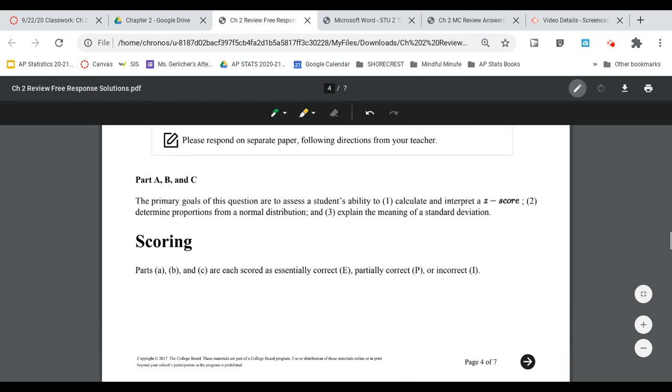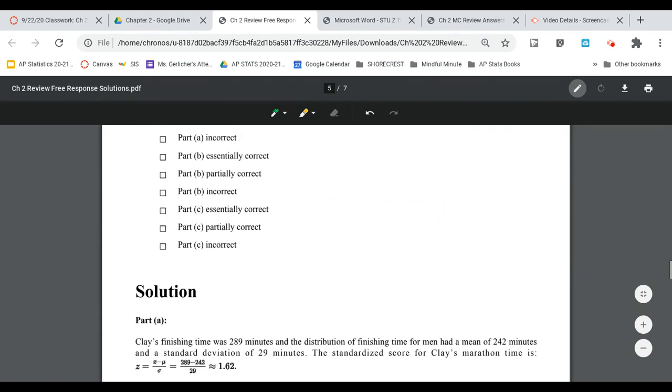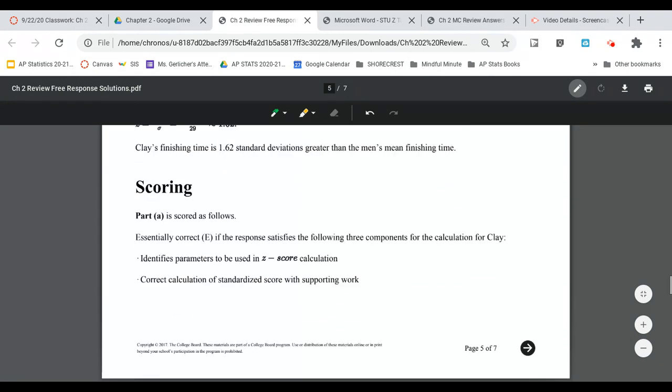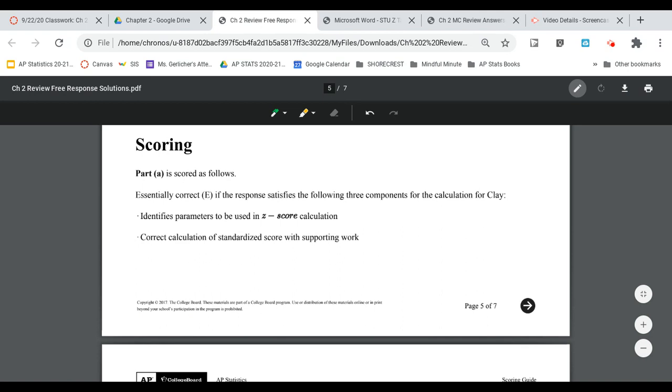Okay, so if I scroll down to, what is this, page 5 now? Well, let's look at our scoring first and then go back and look at their solution. To be essentially correct to get all your points, you need to identify the parameters to be used in the calculation. Now, parameters is a word you will learn later. Basically, it means all the things that go into the calculation. So they're saying show your equation, show what is going into the equation.